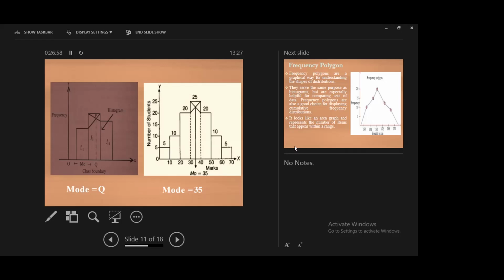So on the y-axis at 25, you draw a straight line. Where that line intersects the curve, you drop a line on the x-axis, and that becomes your first quartile. Similarly, we can find the median, the third quartile, and all the percentiles. These are called positional averages. We can compute them mathematically and also using the graph. Okay?